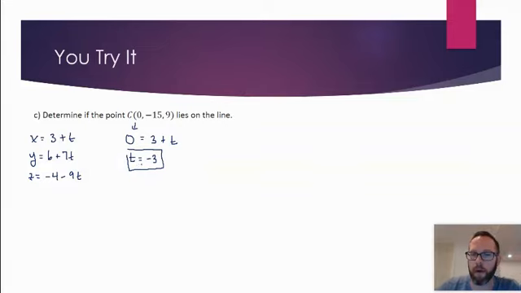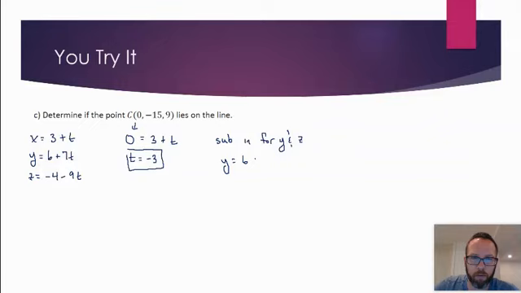What does that t value of negative 3 give me for y and z? If 0, minus 15, 9 is on the line, I should get minus 15 for y and 9 for z. So I'm going to sub in for y and z, and this is how I'll check this one. Yesterday we solved each of these equations and saw if we got the same value for t. This is the same idea, it's just a different way of going at it.